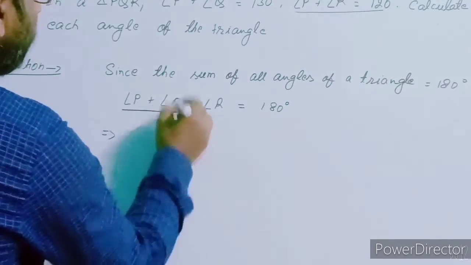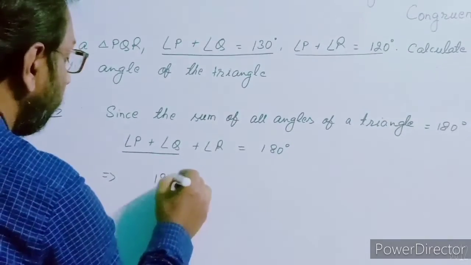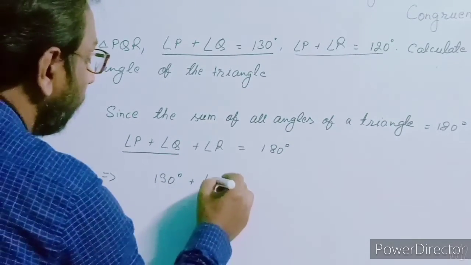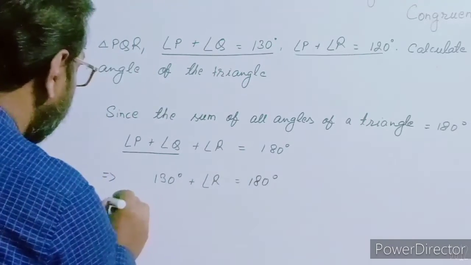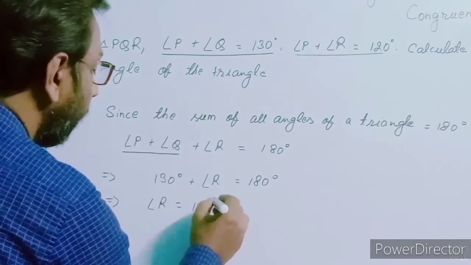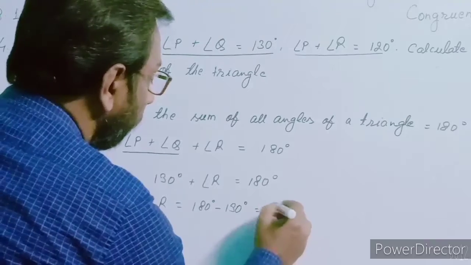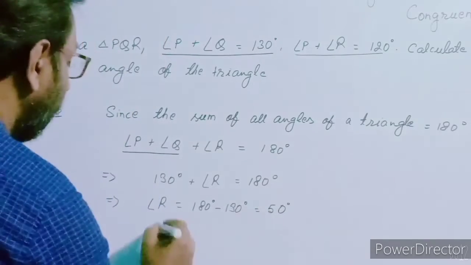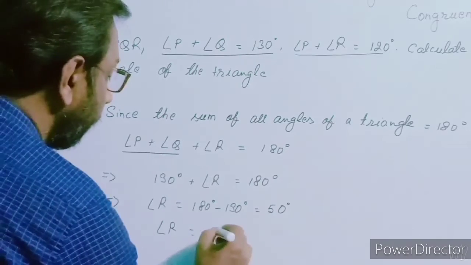Angle P plus angle Q is given 130 degree. So I wrote here 130 degree plus angle R equal to 180 degree. Implies that angle R equal to 180 degree minus 130 degree equal to 50 degree.